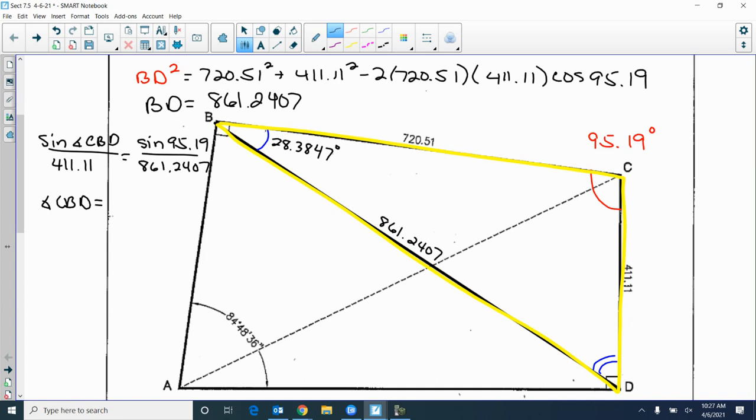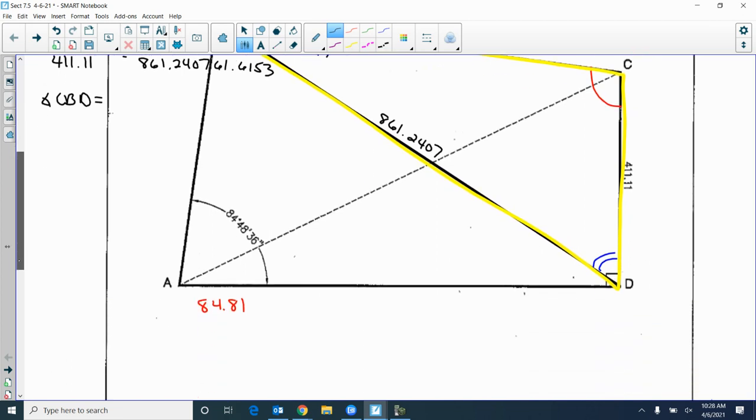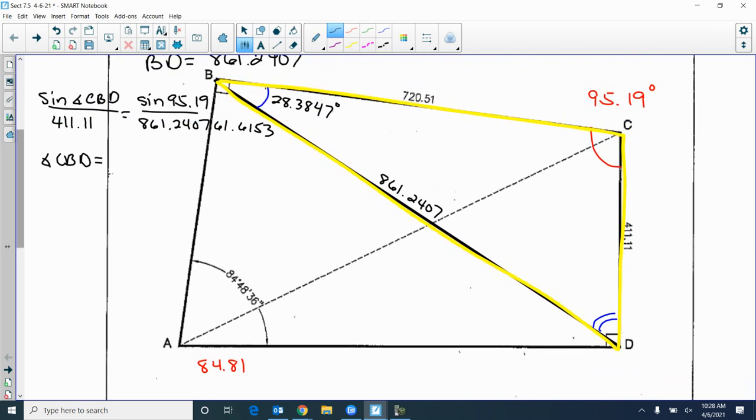And now you got that plus 95.19 equals this angle down there. Or you take 90 minus 28.3847, which is 61.6153. And now, depending on how you do things, if you do the law of sines or 90 minus, you might be off by a 10,000th at the end, but that's okay.